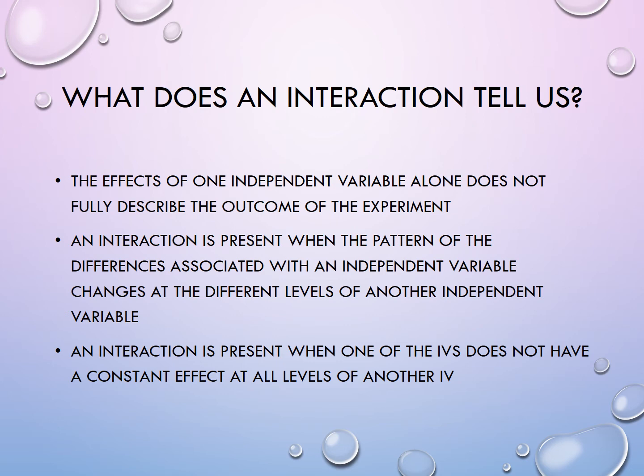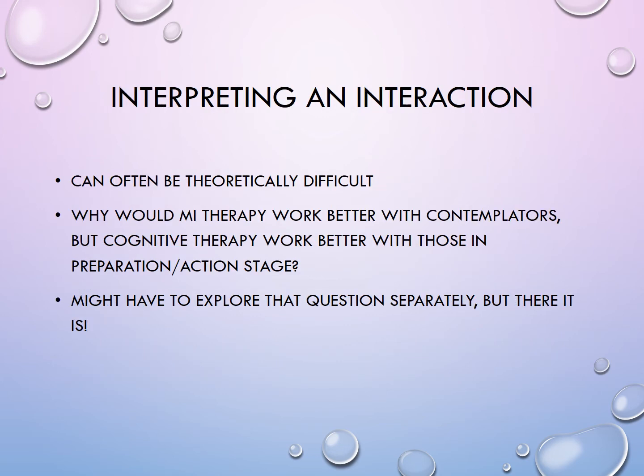My hope is that at least one of them will resonate with you and you'll start to understand what that means. Interpreting an interaction result can actually be theoretically different. So let's say you have a study and you're looking at different therapies, maybe motivational interviewing therapy and cognitive therapy, and then you're also looking at stage of change, whether people are contemplating change or whether they're in preparation action stage of change.